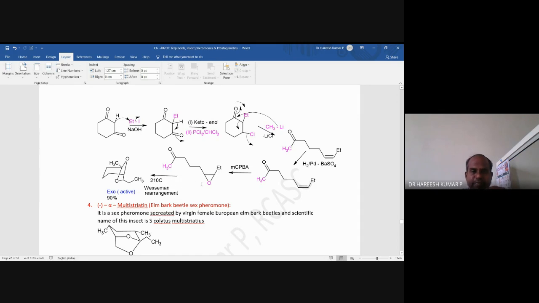You try to write the mechanism for this to this. Otherwise, you can also look into what the Wessiman rearrangement is and what the mechanism is for the conversion of an epoxy ketone into what is called Brevicomin. So this is about stereoselective synthesis of Brevicomin.